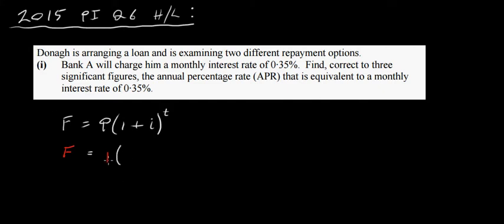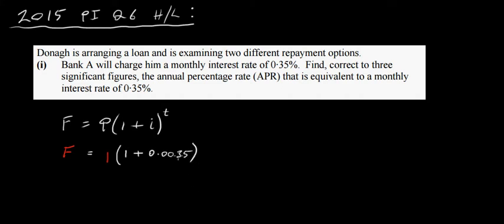Now you don't have to use 1, you could use 100. Just use nice figures that are easy to use. So 1 is usually handy, or you could use 100 either. I normally use 1. So we have 1 plus our monthly interest rate, which is 0.35%. But we want that as a decimal, so it's going to be 0.0035.